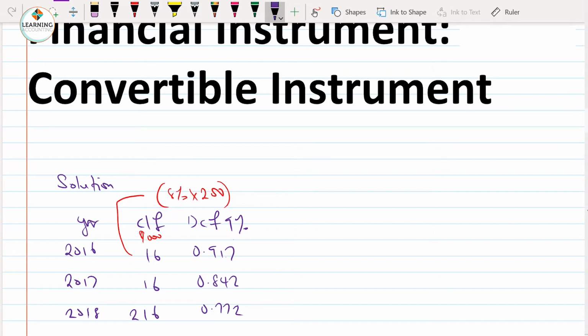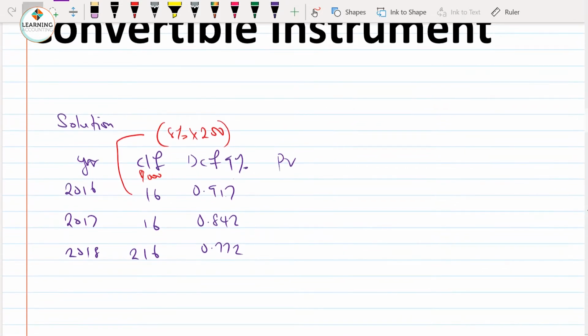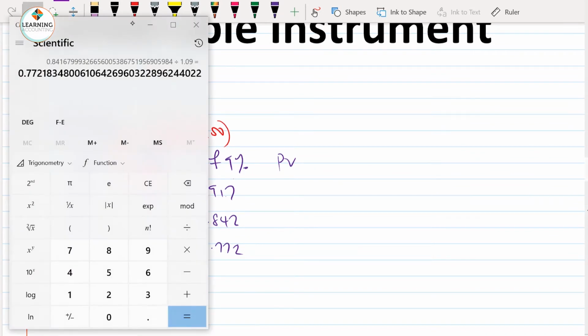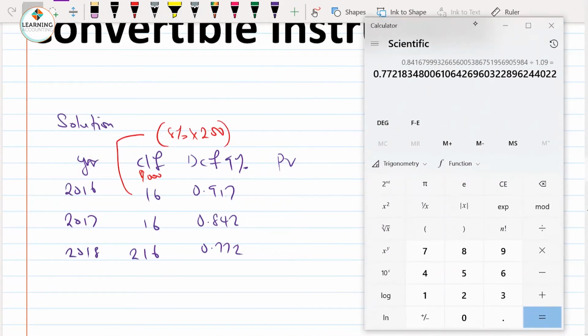Okay, the next thing we have is the PV, the present value, so we'll be multiplying through as well. Let me bring my calculator to this side of the screen. We have 16 multiplied by 0.917, and that gives me 14.7.